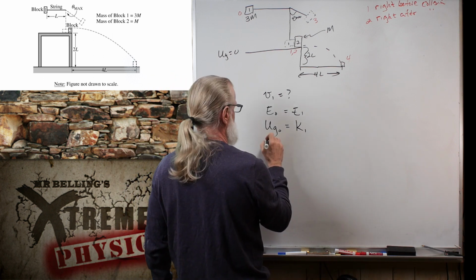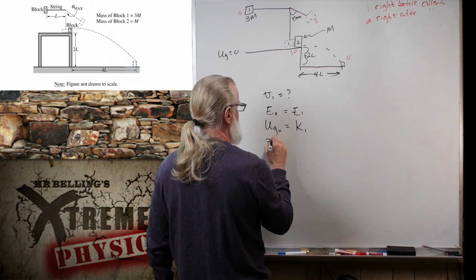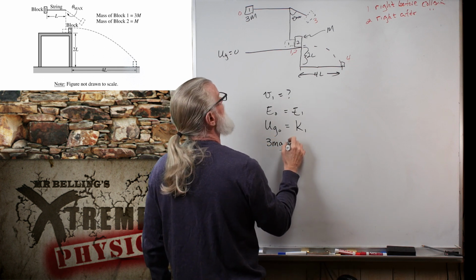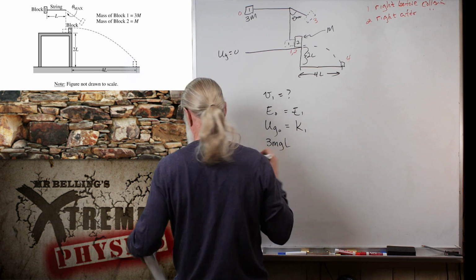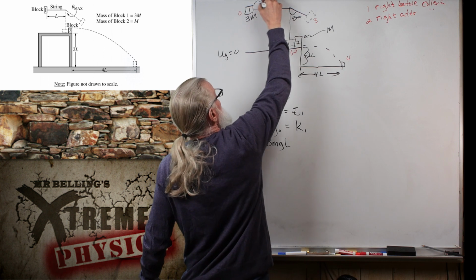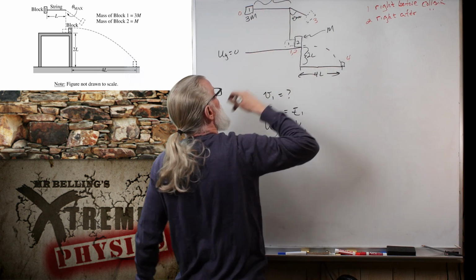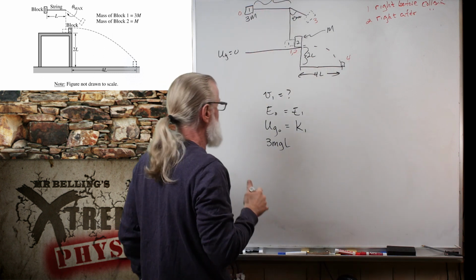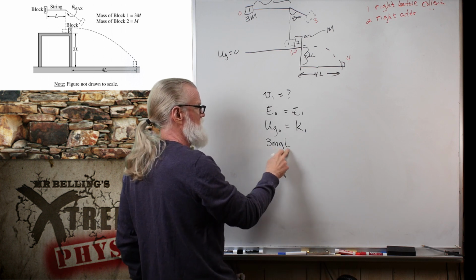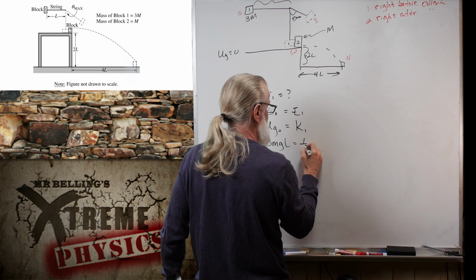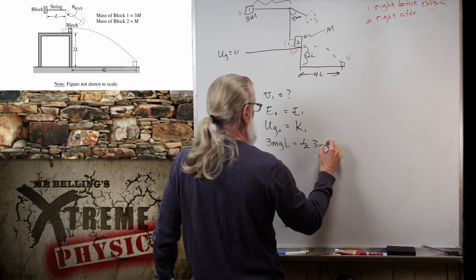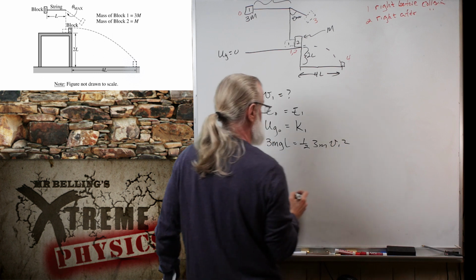So what do we have? 3mgL, the mass, which is 3m, times g times the height L, equals 1/2 times 3m times v1 squared.